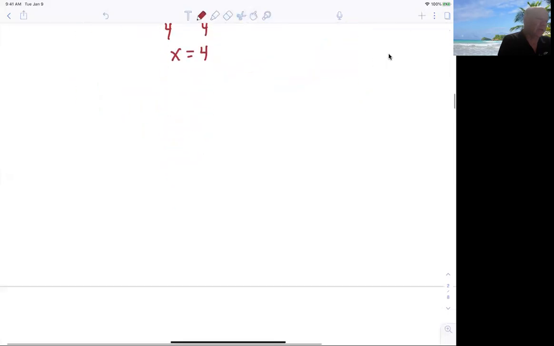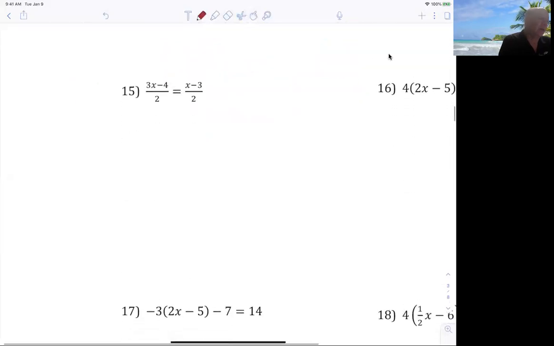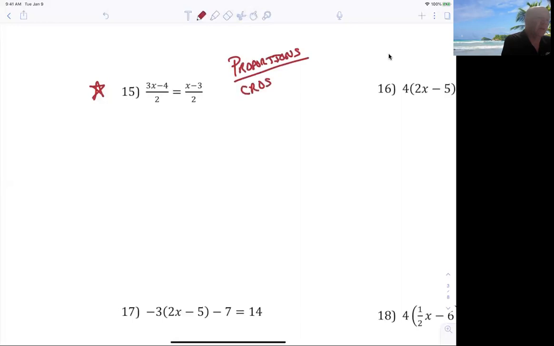Let's check out 15. All right, now this is another problem here. All right, a new problem. This is proportions. Okay, so to solve a proportion, we've already done this. All right, we say we cross multiply. Everybody remember that. Whenever you see a proportion, you cross multiply.